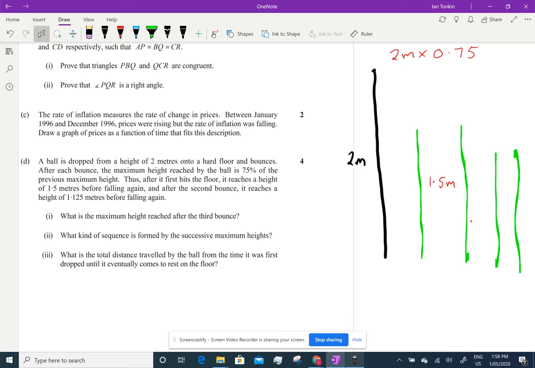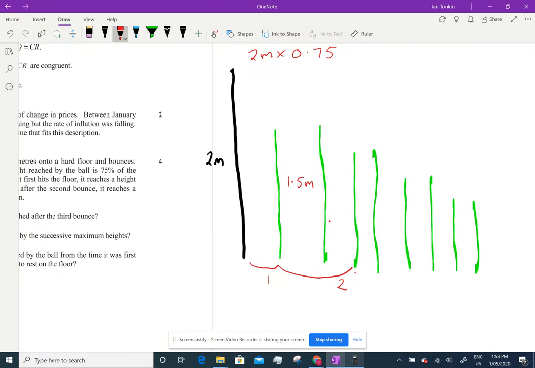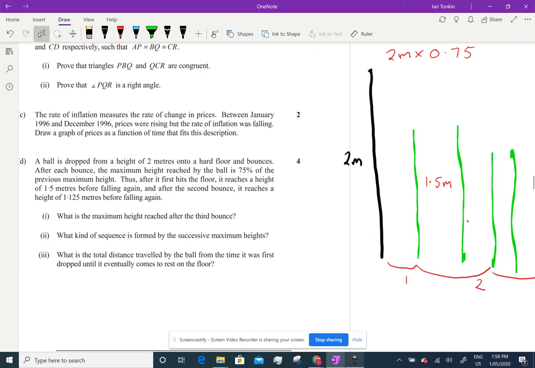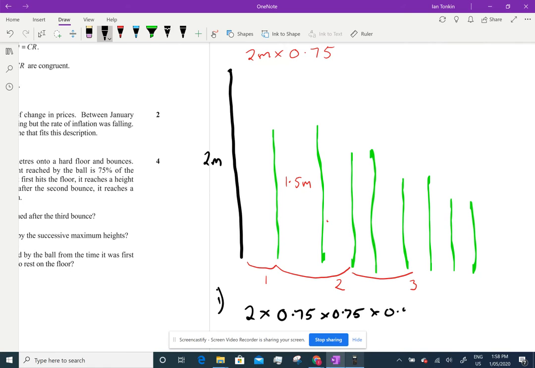So, what is the maximum height reached after the 3rd bounce? So, first bounce, 2nd bounce, 3rd bounce. So to get number 1, 2 meters times 0.75, first bounce, times 0.75, 2nd bounce, times 0.75, 3rd bounce.